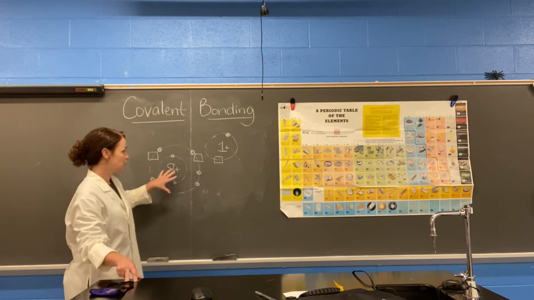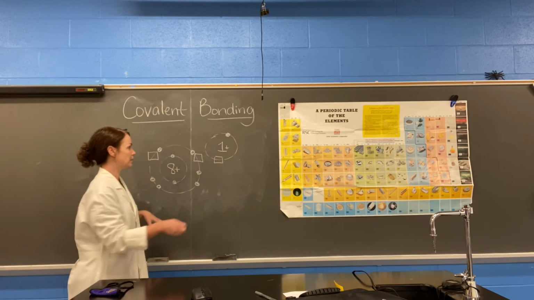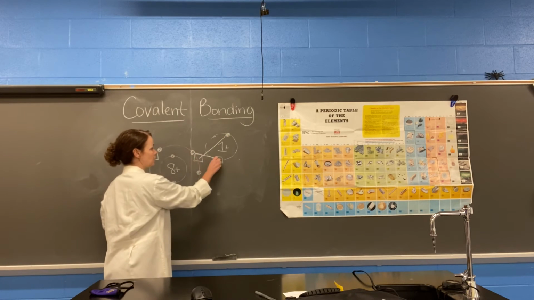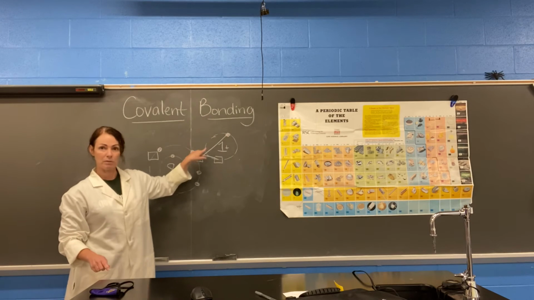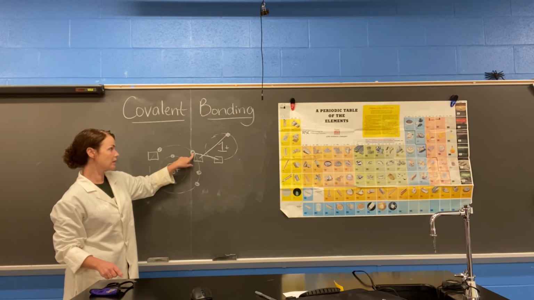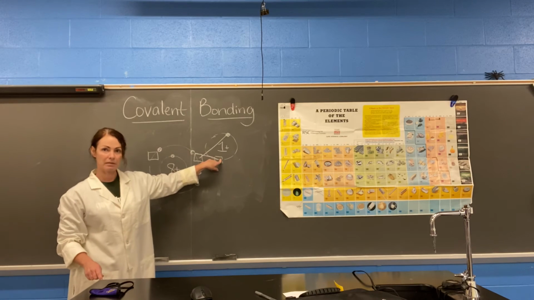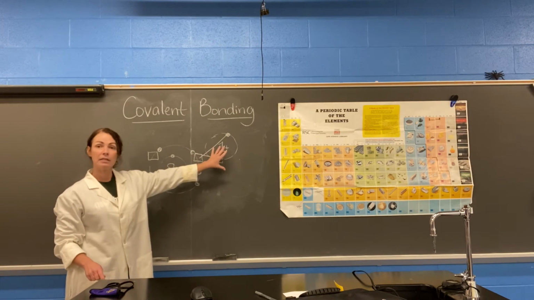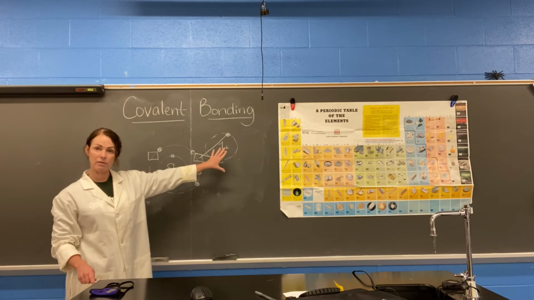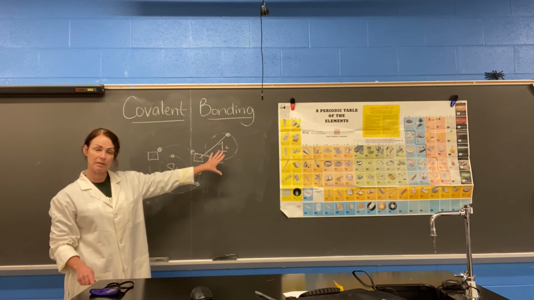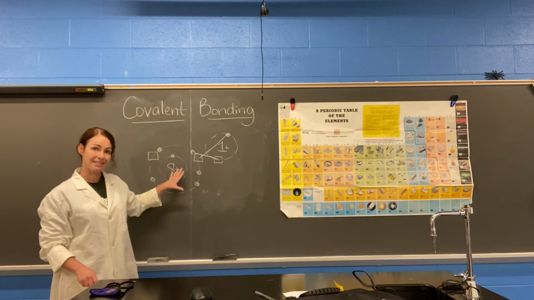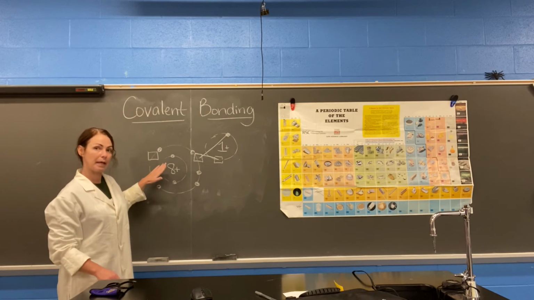If it gets close to oxygen and there's enough energy, it can actually share its 1 electron with oxygen to fill in that space, and oxygen will share 1 of its electrons with hydrogen to fill in that space. In this case, hydrogen now has a complete outer energy level as long as it continues to share. But oxygen doesn't. It still has 1 blank space.